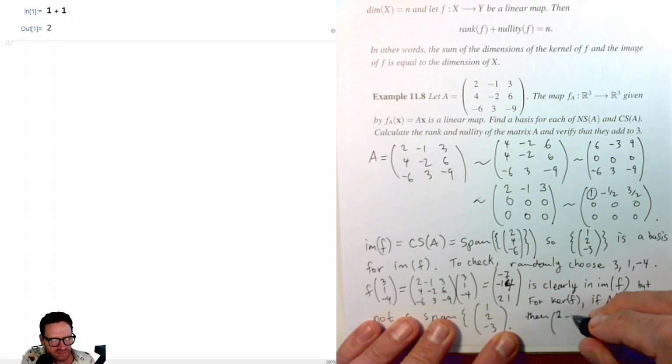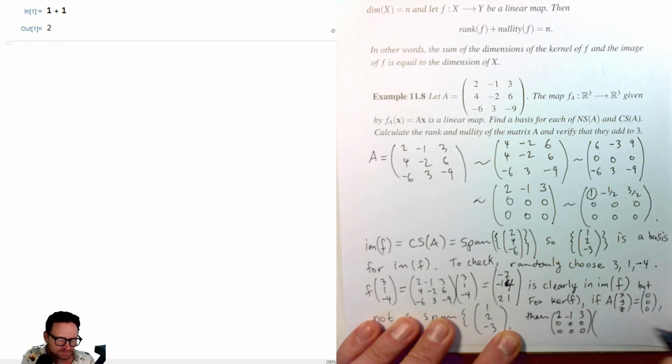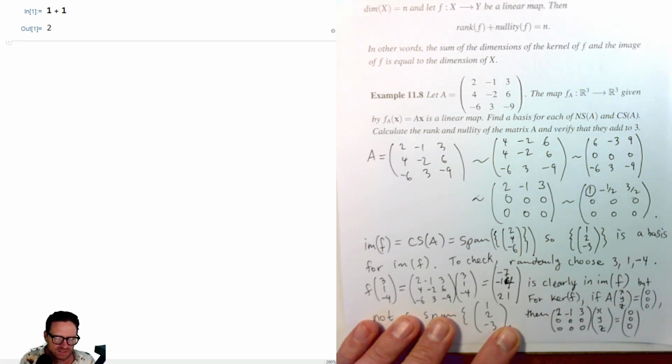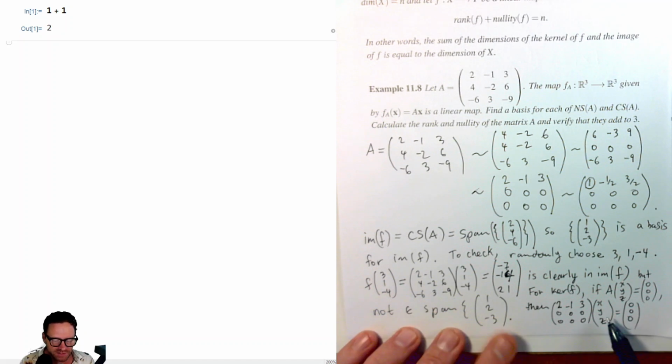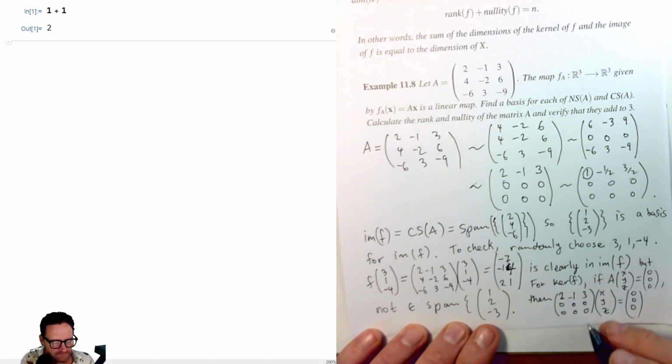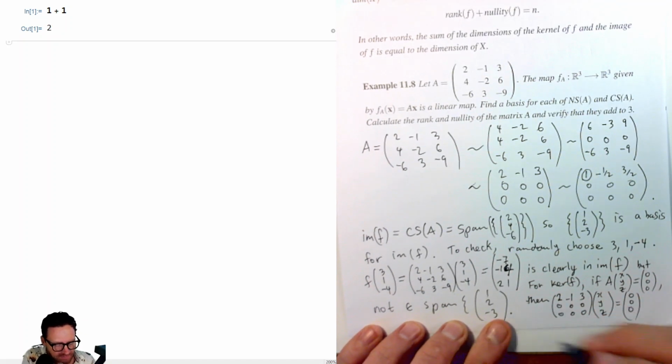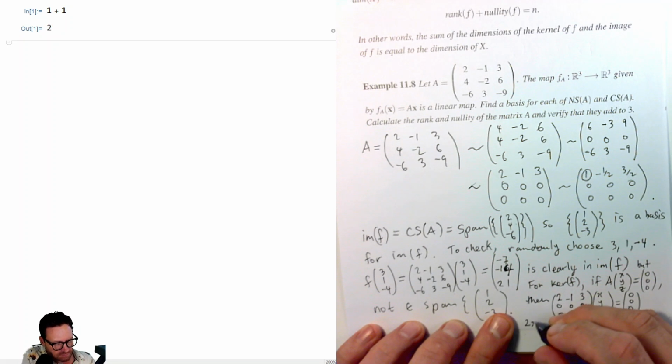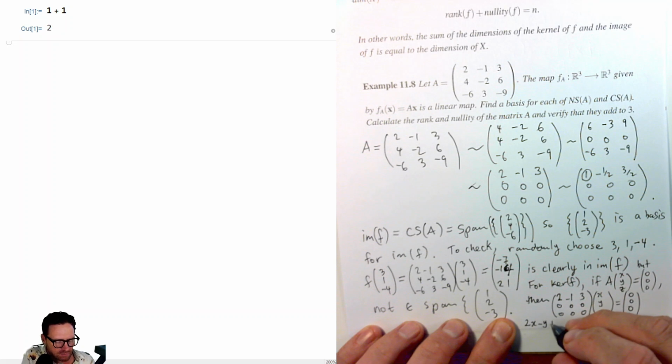But we'll take (2, -1, 3), which will be easier to deal with than those fractions. Now what we want to do is expand this out, and so we will get 2x minus y plus 3z equals 0.